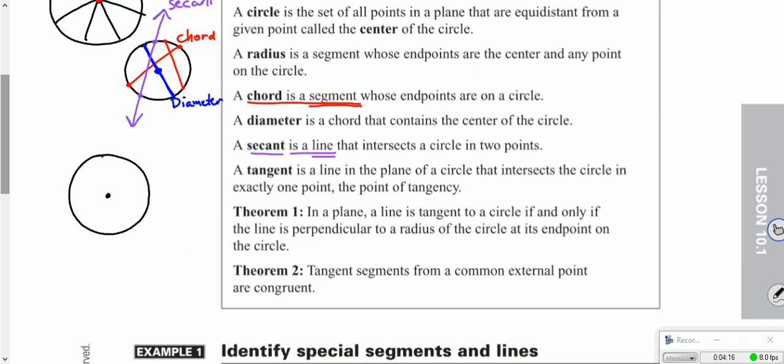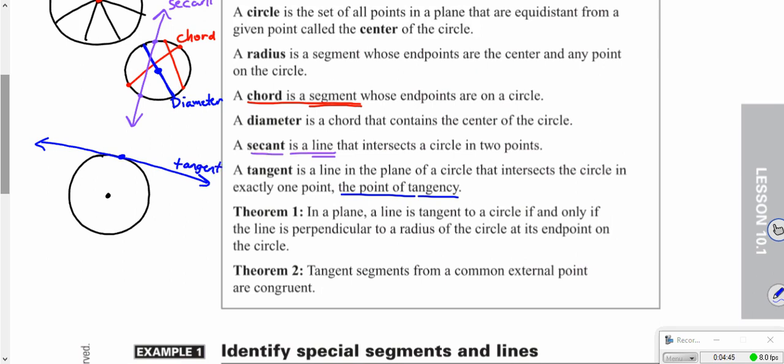A tangent is a line in the plane of a circle that intersects the circle in exactly 1 point, the point of tangency. If I've got a line here that just touches my circle in 1 point, that's the only point it touches the circle on, that's the point of tangency. And this is my tangent line.